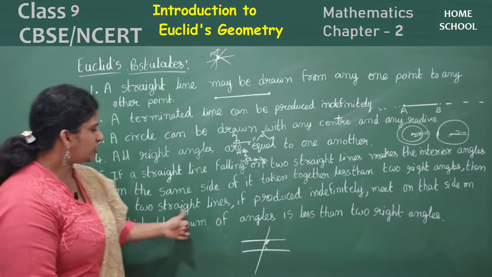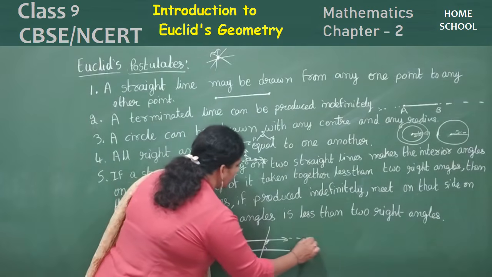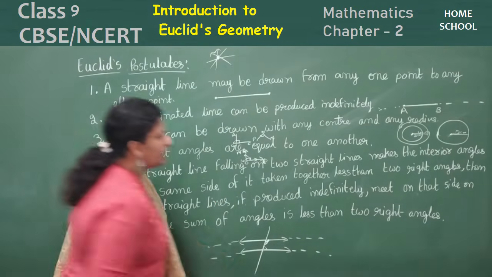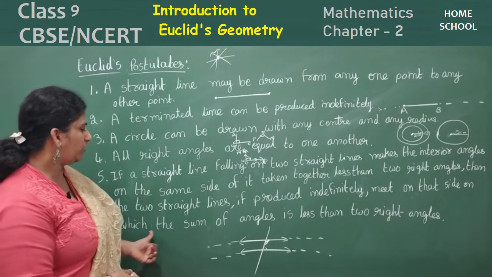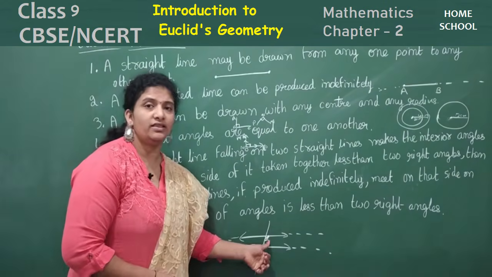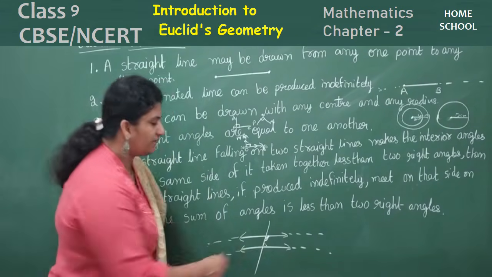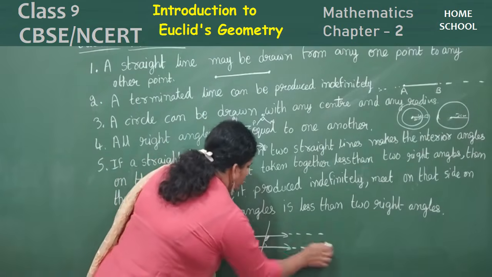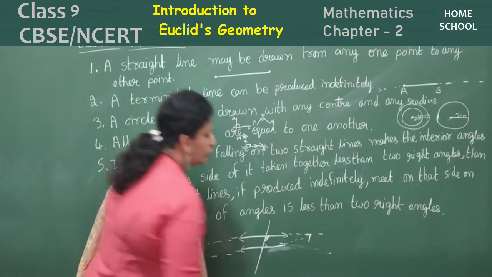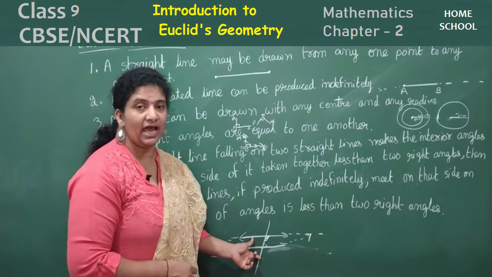Then the two straight lines, if produced indefinitely, will meet on that side on which the sum of the angles is less than two right angles. If these lines are extended, at some point they are going to meet. Then what do you say about these two lines? Are they parallel? No, they are not parallel.